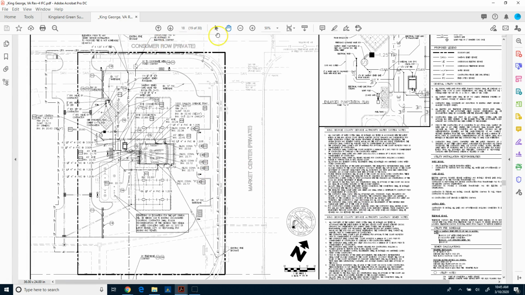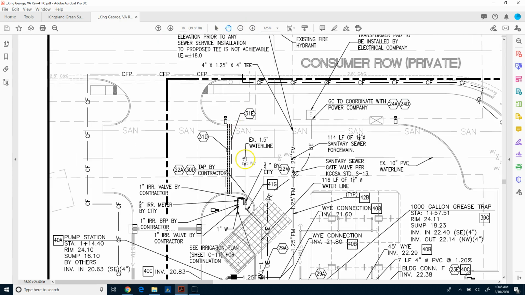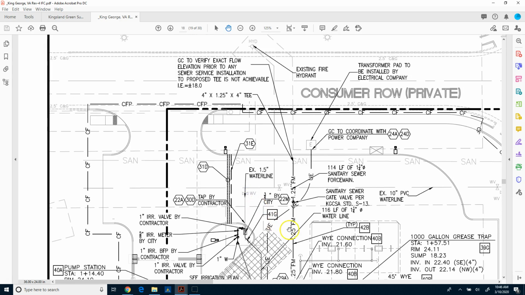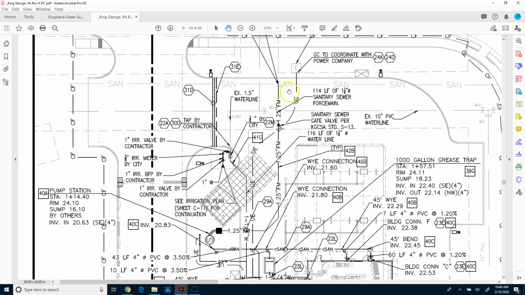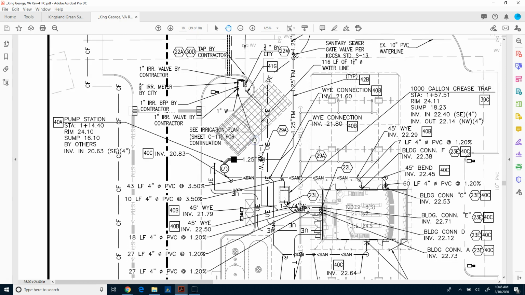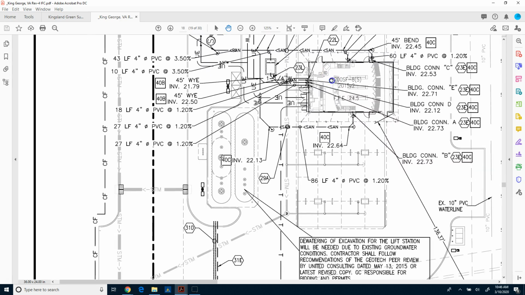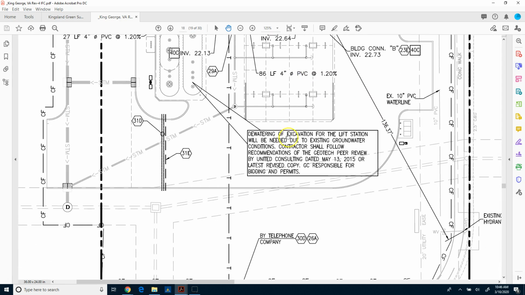Okay, and then over here in the actual plan, again, it's going to show us the layout of these utilities. So if you're responsible for laying them out, we could use this plan to compute the location of this information, and then we could use that to stake it out, and that's what would be laid out.